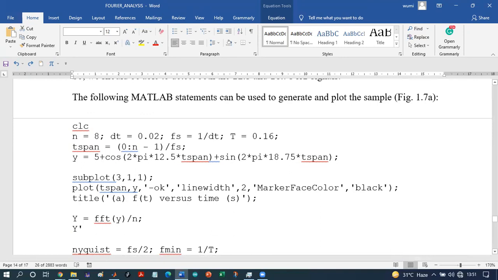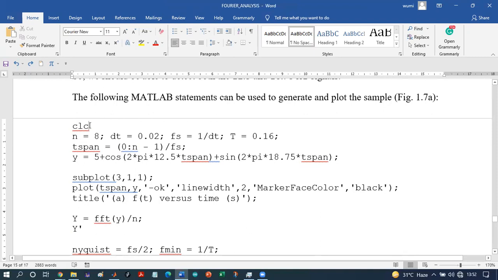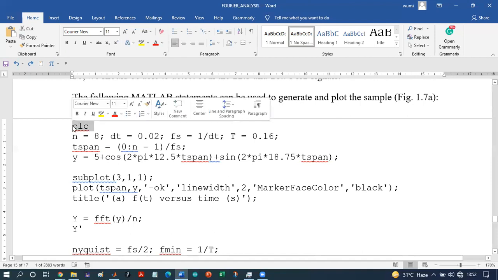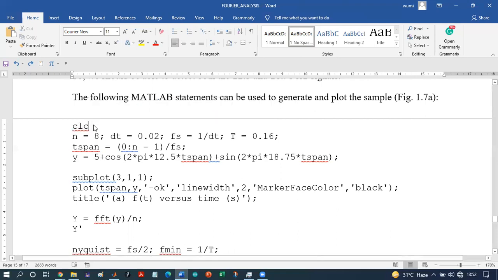So when using MATLAB, I will just run through the code. This clc, I know you've done a course on MATLAB, so I'll just adapt it to the question. This clc is just to clear the screen, so it's not really doing much. You can just omit it.